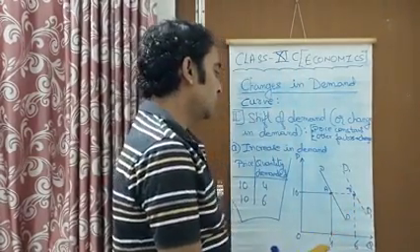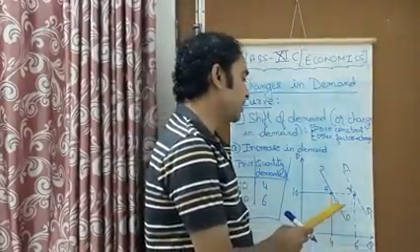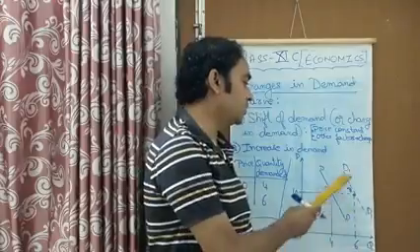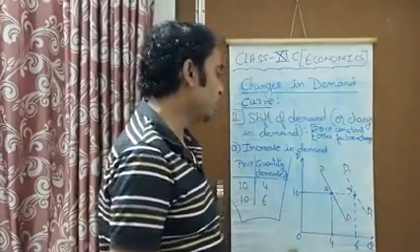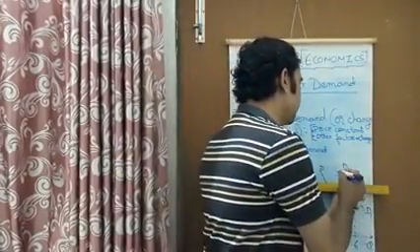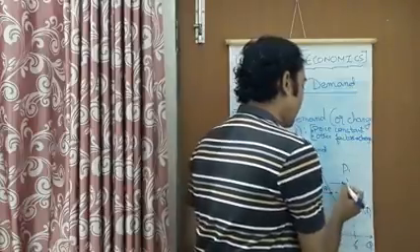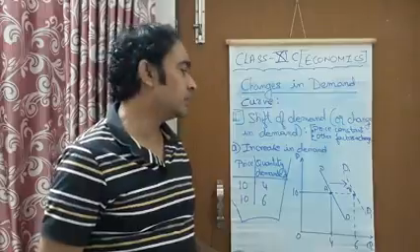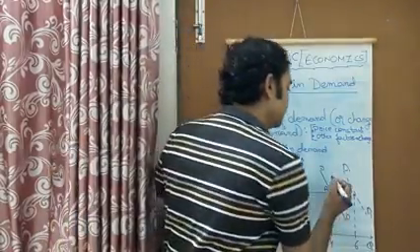So accordingly we can see here that the demand curve has shifted from DD to D1, which is showing a rightward shift in the demand curve. The demand is shifting towards right, and this is called increase in demand.